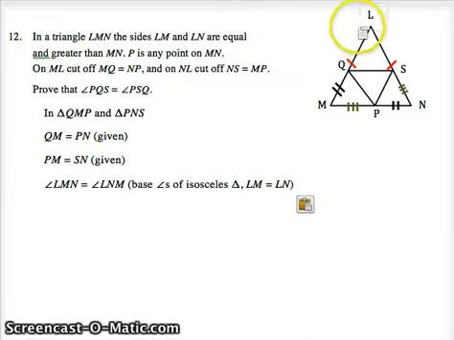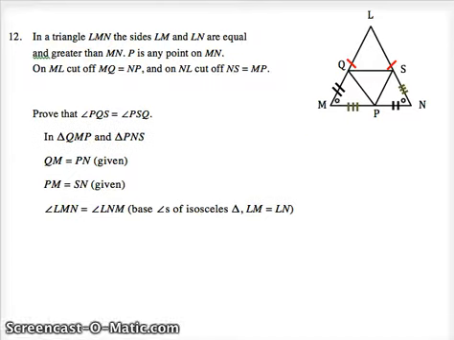So angle LMN is equal to angle LNM, base angles of isosceles triangle, LM equals LN. So that is enough to prove that the two triangles are congruent. I've just put little circles there to indicate that the angle at M equals the angle at N, and we can clearly see that we've got SAS.